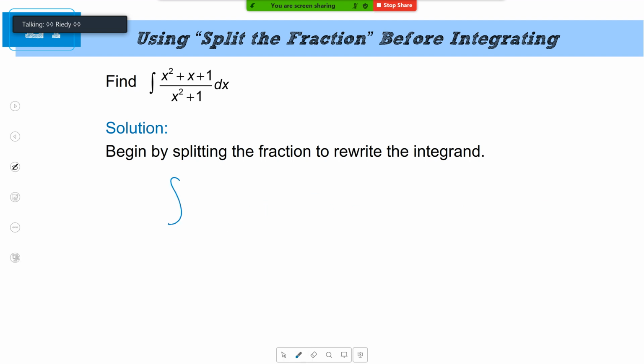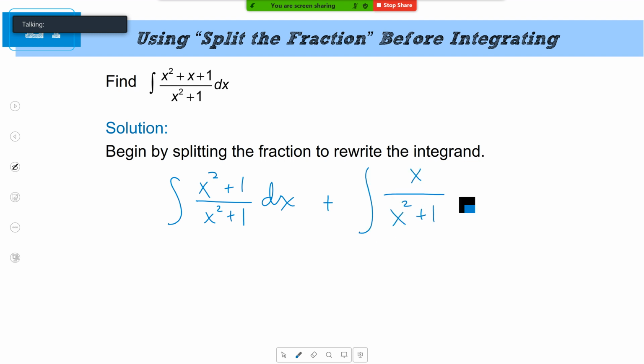What if I split the fraction like this? So instead of creating 3 different integrals, I'm just going to split it into 2 integrals.